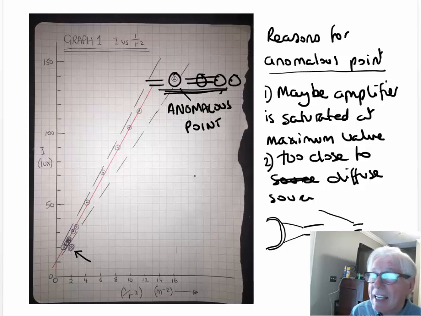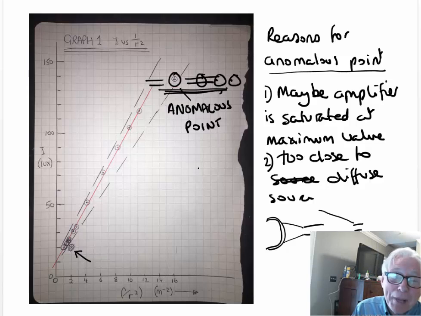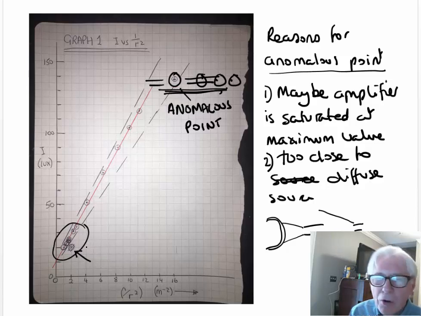Now, can you see how, if we'd done this in the lab and cared about the results, because we're getting paid, it would have been easy, as we're plotting the graph, first of all, not to set so many data points down here. We don't need all that many data points down here.